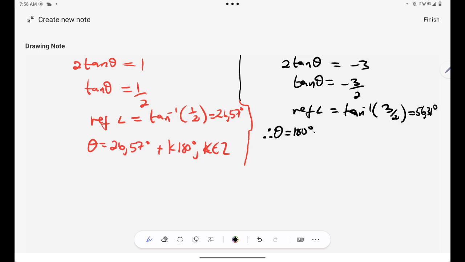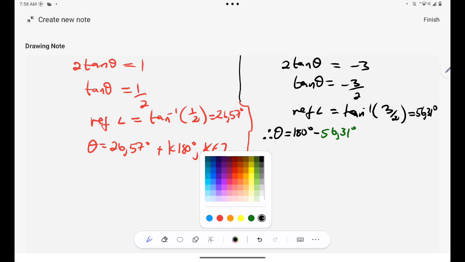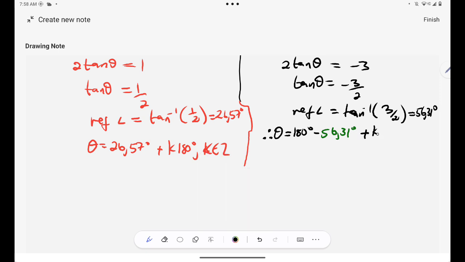I'll simply say 180 minus my reference angle. My reference angle, remember, that is 56.31 degrees plus k 180, where k is an integer.